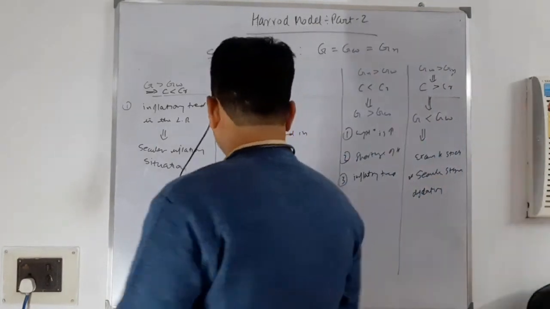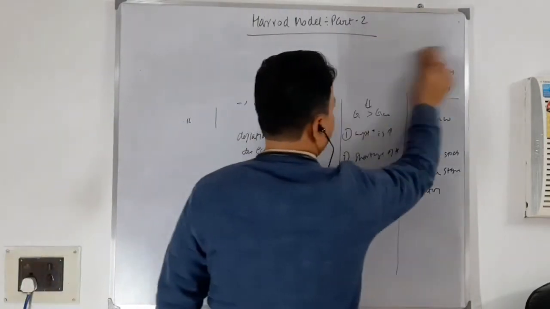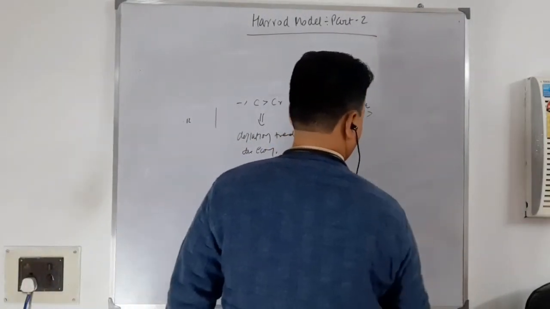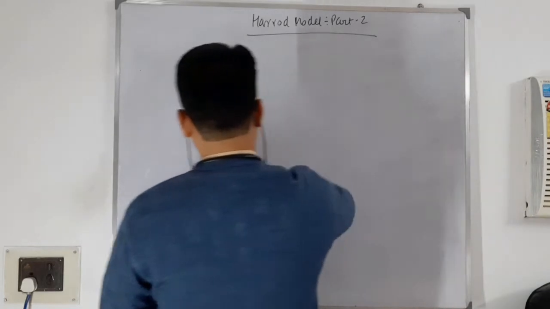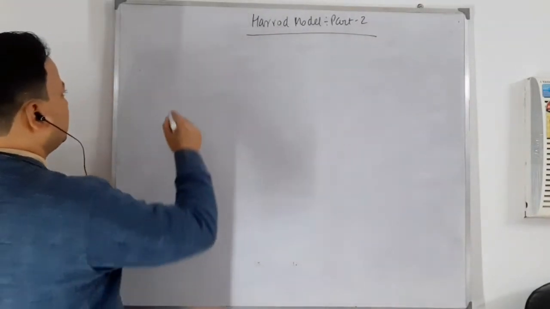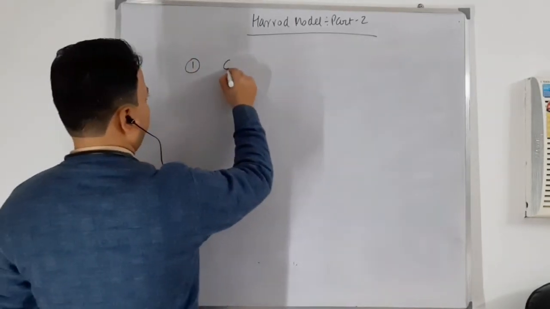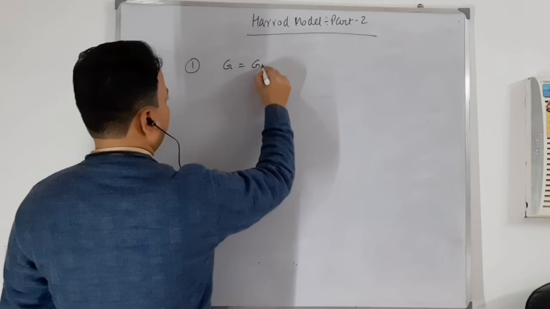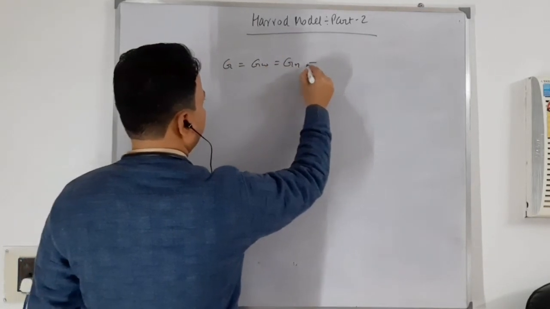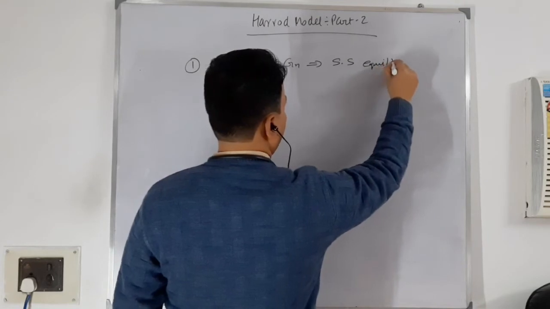So let me continue. Harrod has used three dynamic growth rates, actual, warranted, and natural growth rate, in order to show steady state equilibrium in the long run.